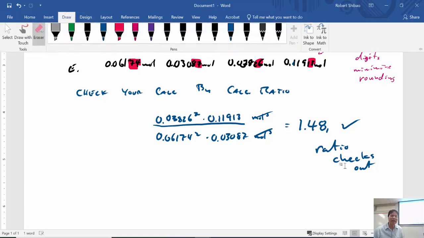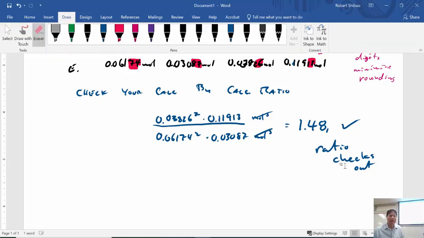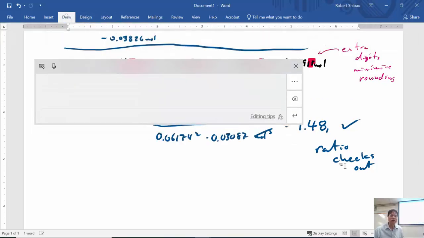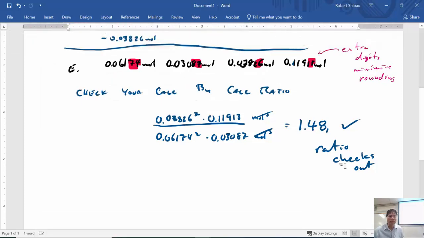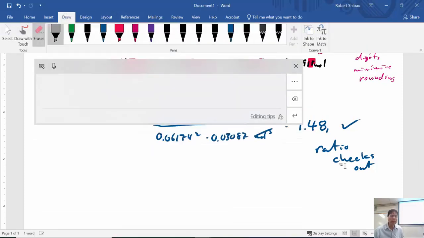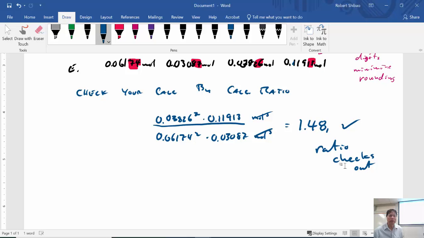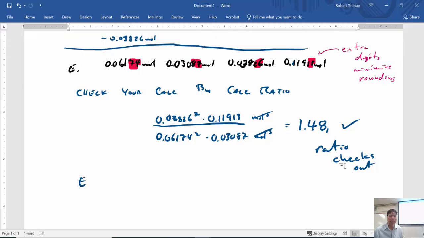I should say experimental verification checks out too. What's most important is it agrees with experiment. And so these concentrations agree with experimental observations.